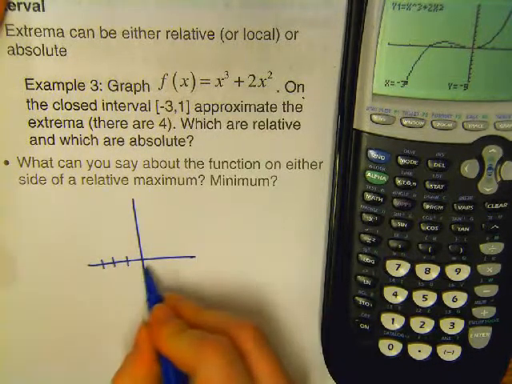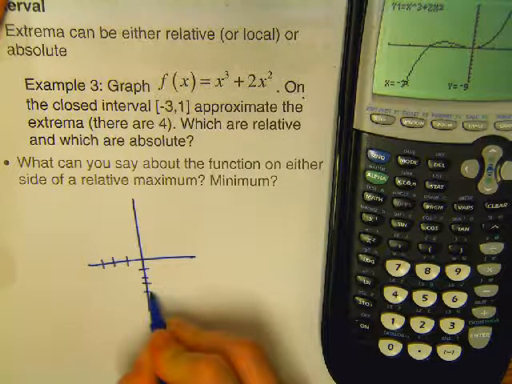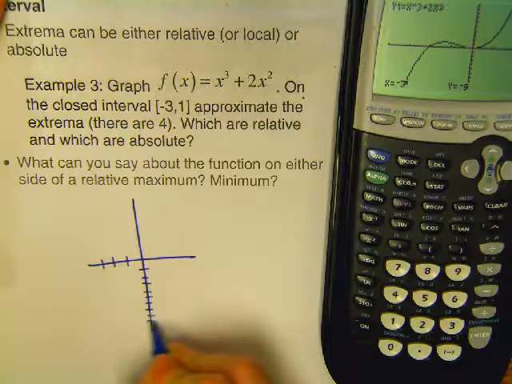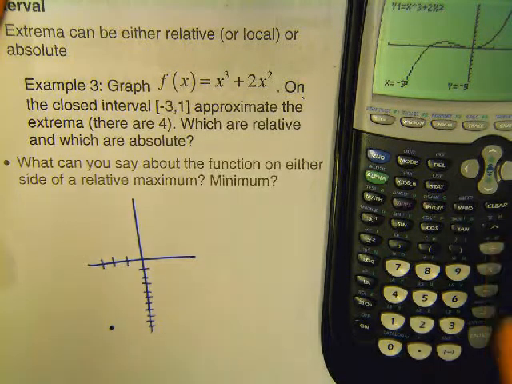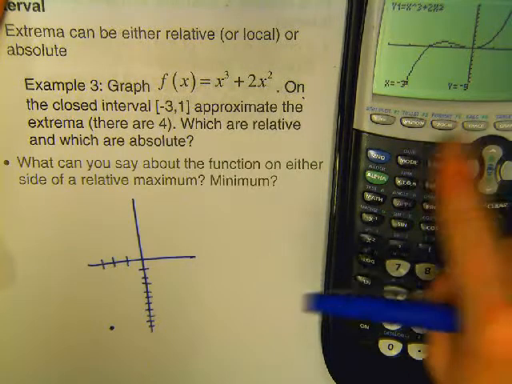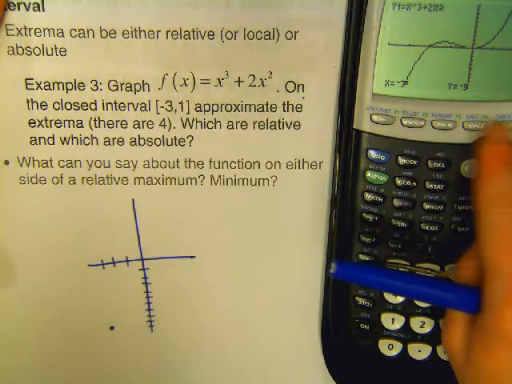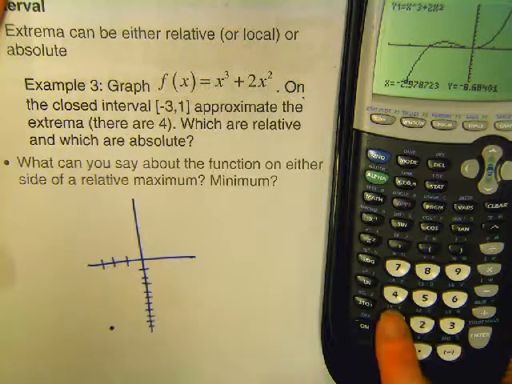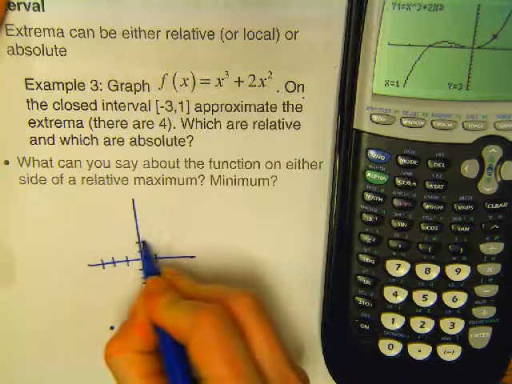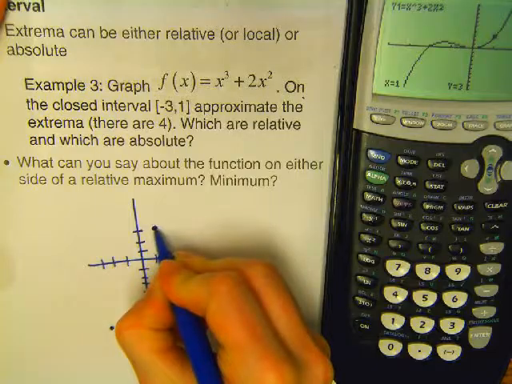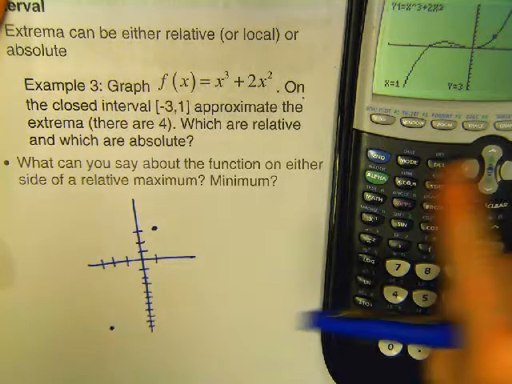And then it comes up, let's go to trace and go to 1 and see what the high point is, just so we see that. 1, 3. Okay. And then we have some locals. Like the minimum is actually, I know this is 0, 0 without even doing this.